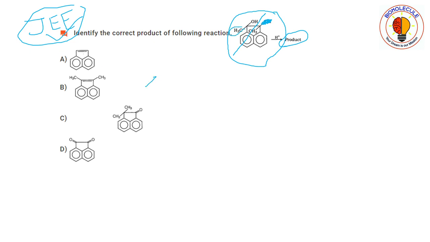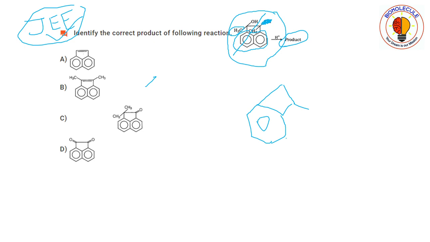Okay, now you look here that one CH3 group is there, and here one phenyl type group is there. Okay, actually it is naphthalene type. So if we migrate this naphthalene over this carbocation, then we will be ending up with a four membered ring.